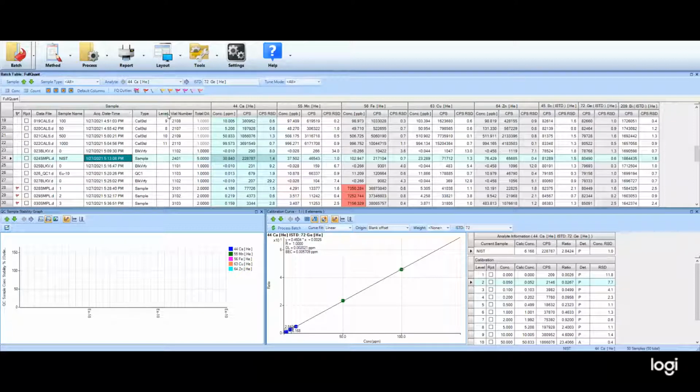I just want to quickly go over how we can manipulate what we actually look at in this main screen, the full quant screen right here. We have columns for each of the information for the sample, the analyte, and the ISTDs that we can change. We can choose to view what we want to look at and later export.